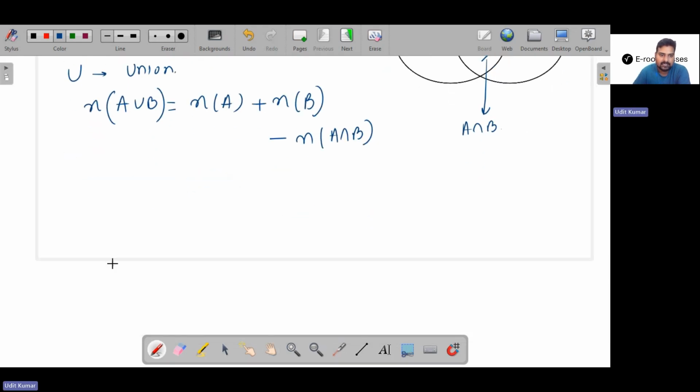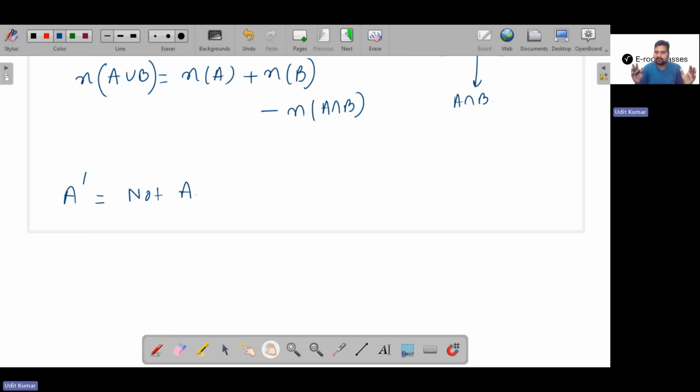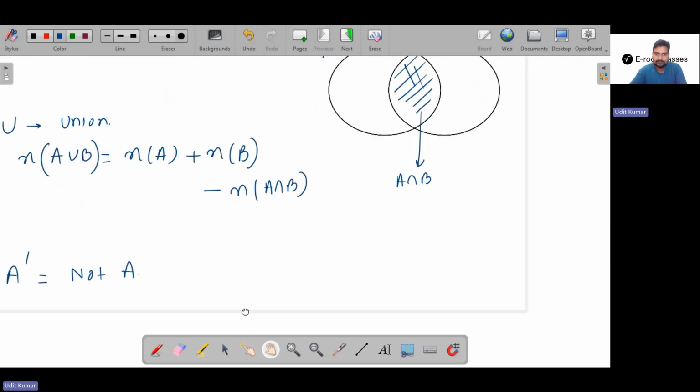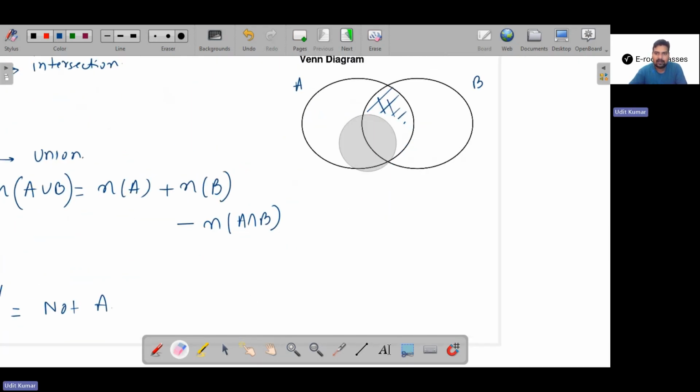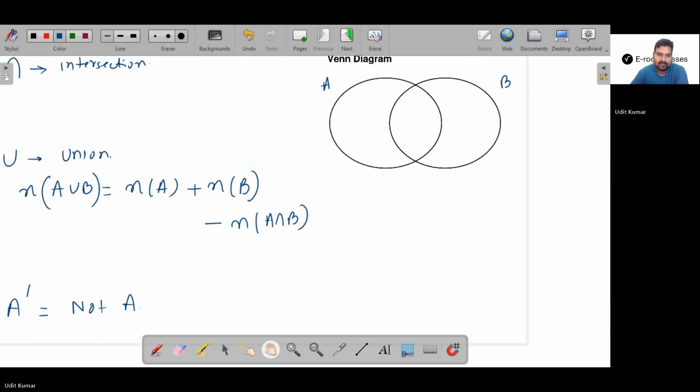The third symbol is complement. Let's say I say A complement. It means not A. Everything in the universal set, but not A. For example, in this Venn diagram, if I have to represent not A, I will shade only this portion.